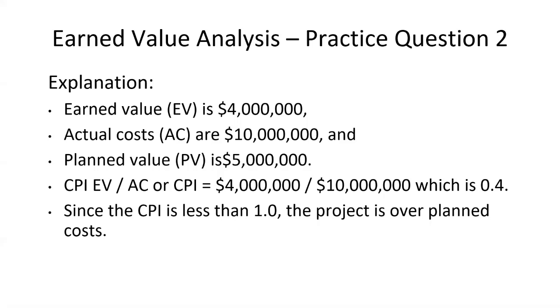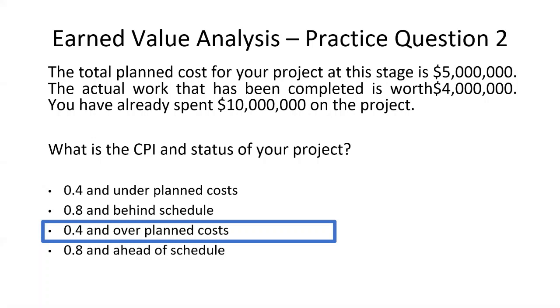So the CPI for this question is less than 1, and hence we will say that the project is over the planned cost, or the project is over budget. So we go ahead, choose that answer, and say that 0.4 and the project is over the planned cost.